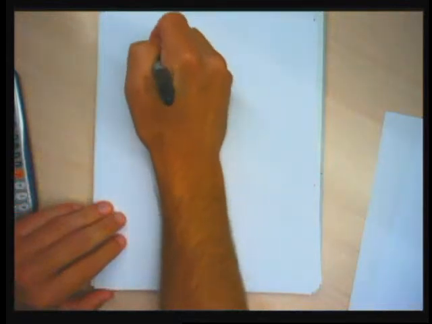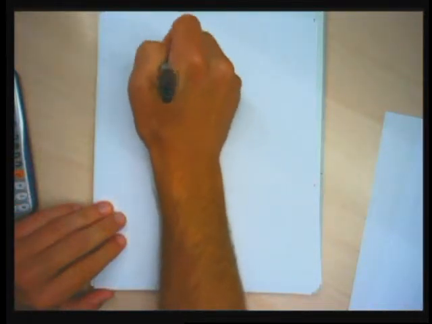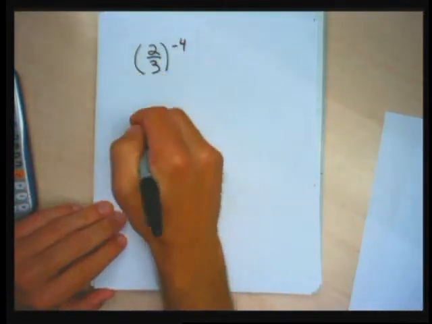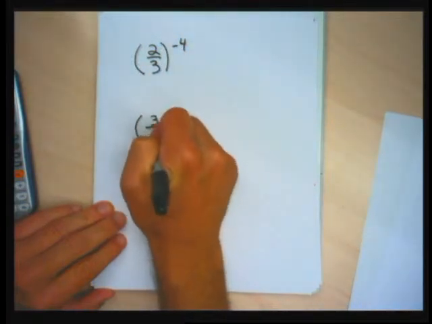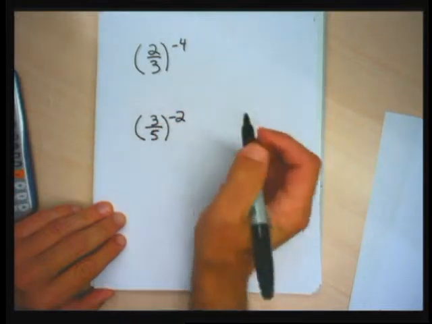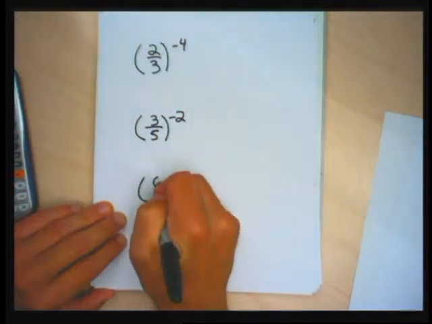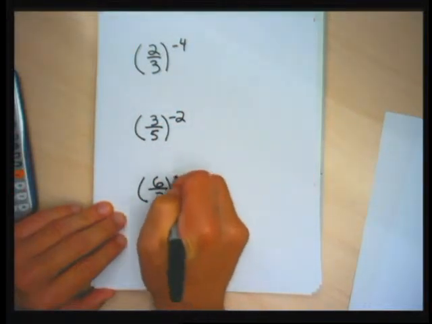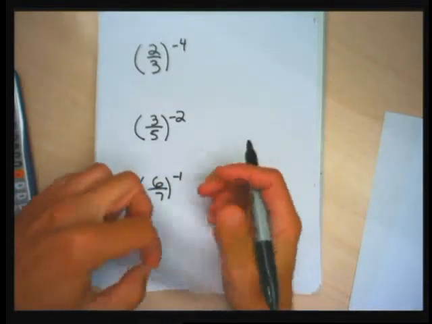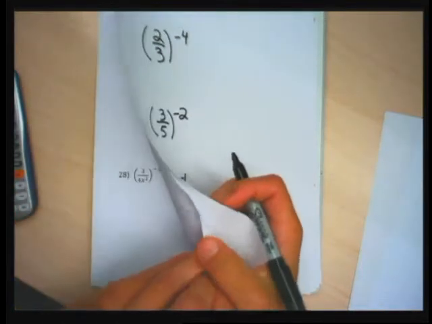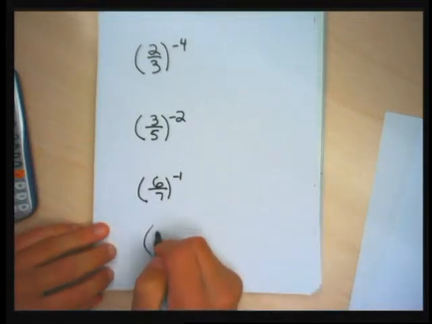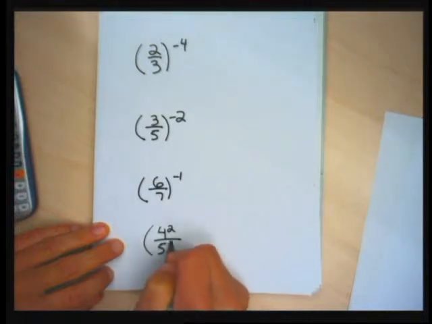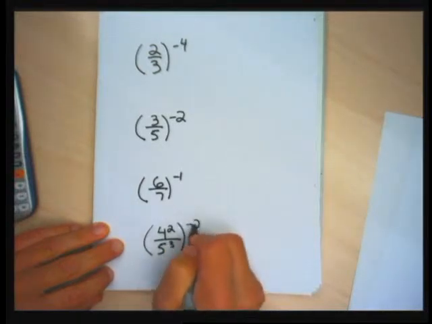About like this: 2 over 3 to the negative 4 power, or 3 over 5 to the negative 2 power, or 6 over 7 to the negative 1 power. Is that enough for these problems? 4 squared over 5 cubed to the negative 2 power.